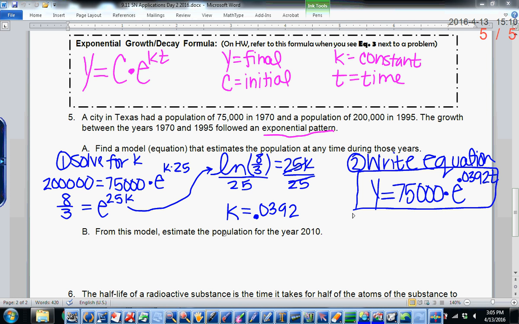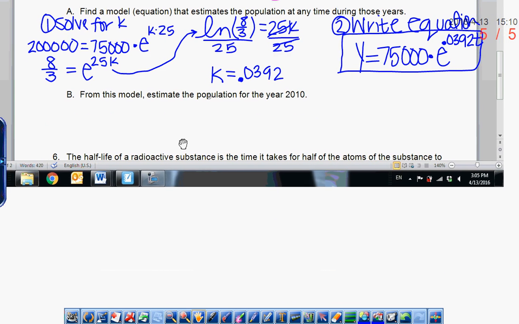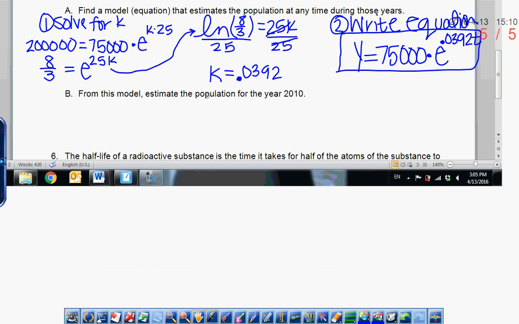Okay, from this model, estimate the population for the year 2010. So if the year is 2010, what does that mean our t is? 40. Why 40? Good, because t here represents the number of years since 1970.